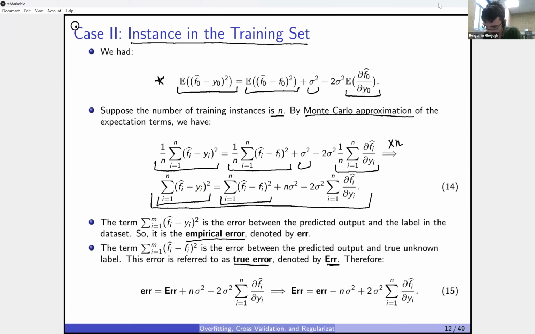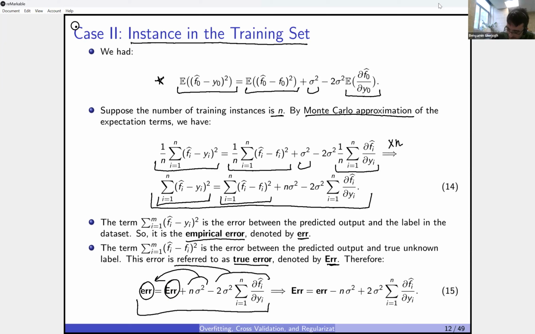So I denote again the true error by capital Error and the empirical error by small error. So equation 14 is this, where I have these 2 errors. I wish to have the capital Error, which is the true error, but I don't have it. I can calculate the small error, which is the empirical error. If I rearrange these terms, meaning I bring this to the other side, and also bring this to the other side, I will have this, equation 15.